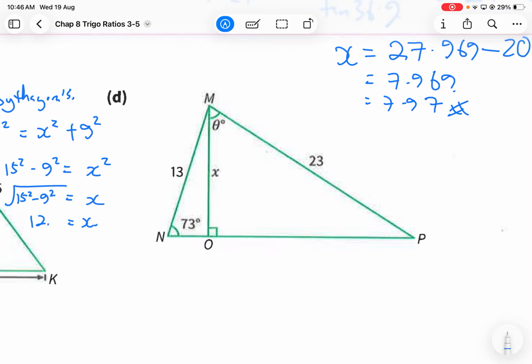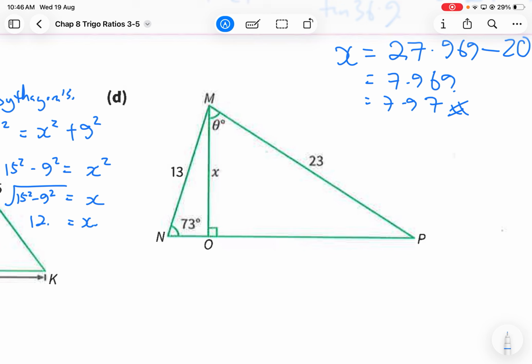I am now looking at this right angle triangle. My angle theta is inside this right hand side right angle triangle. 23 is still the longer side, 23 is hypotenuse. Good. What is the side?